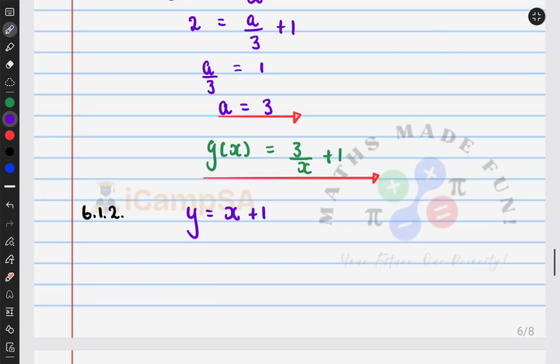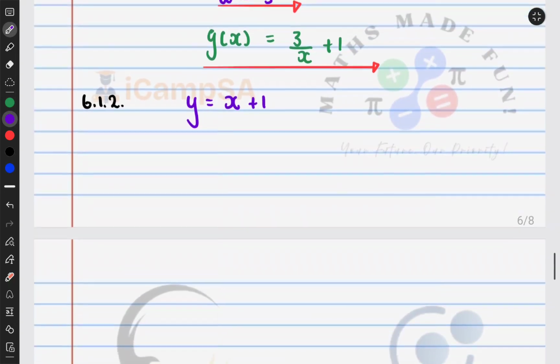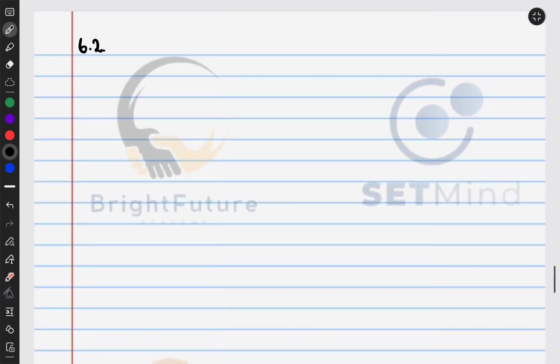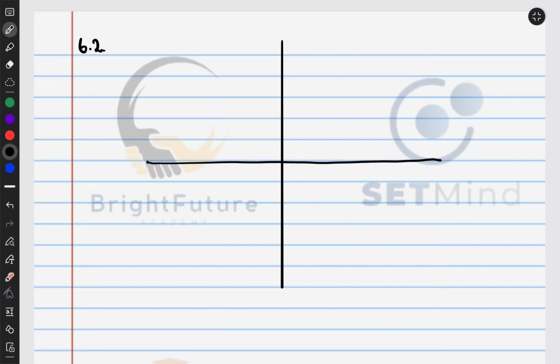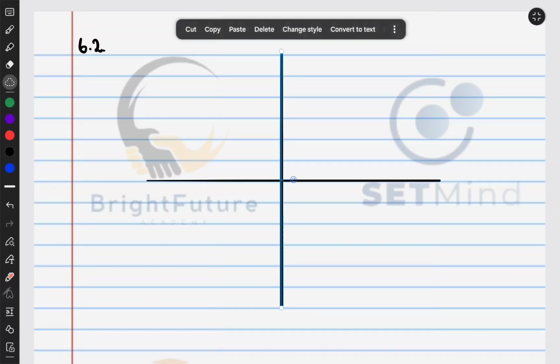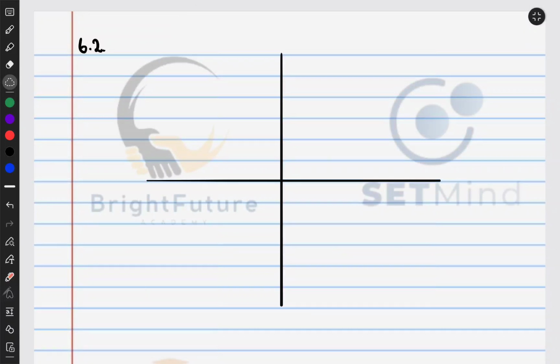So we are sketching now for 6.2. Let's start by drawing our axes.